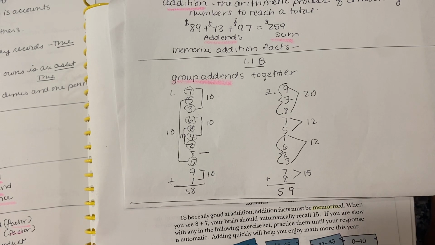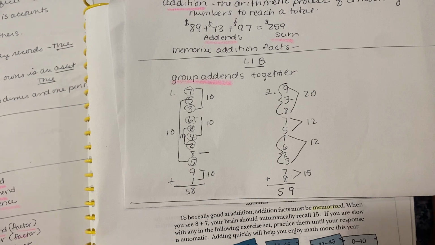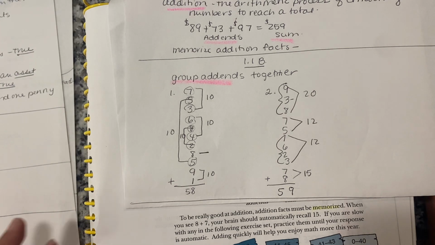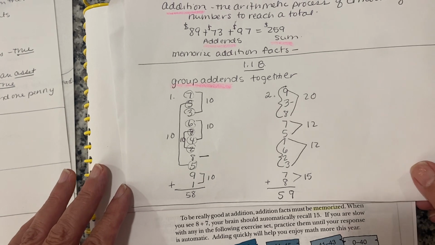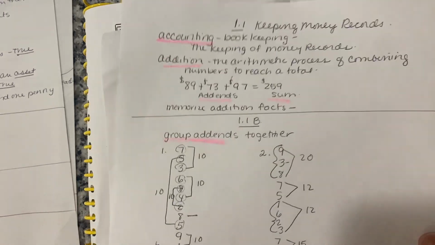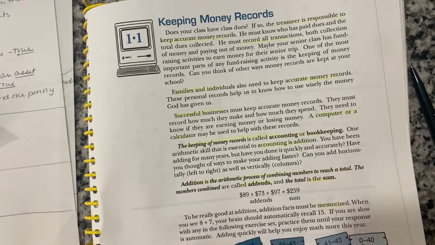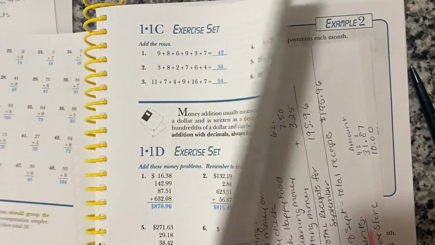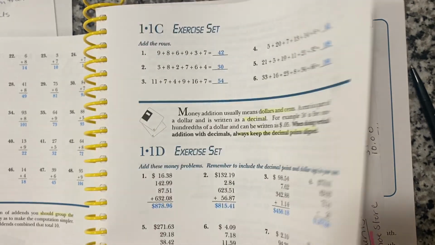So you already know this stuff, but it's important that we do know how to add, right? So that's the first section in keeping money records. So let's go on to the next section. There's going to be money records, and then on the next page, there's going to be lots of addition and subtraction.